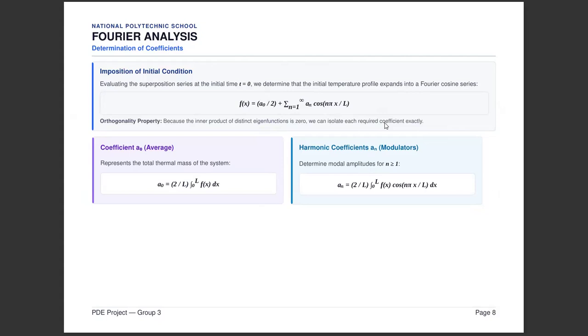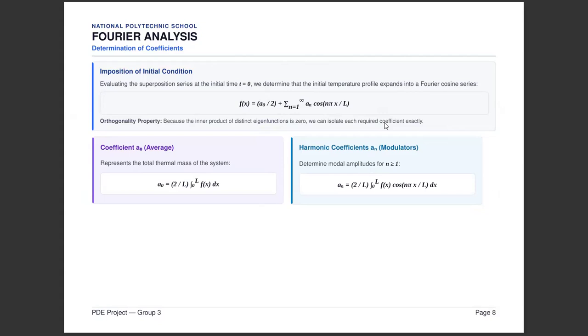And third, the harmonic coefficients A_n, isolated via orthogonality: A_n equals 2 over L times the integral from 0 to L of the function f(x) cosine of n pi x over L dx. This determines the amplitude of each spatial mode. In conclusion, we analyzed a thermal rod with insulated ends.